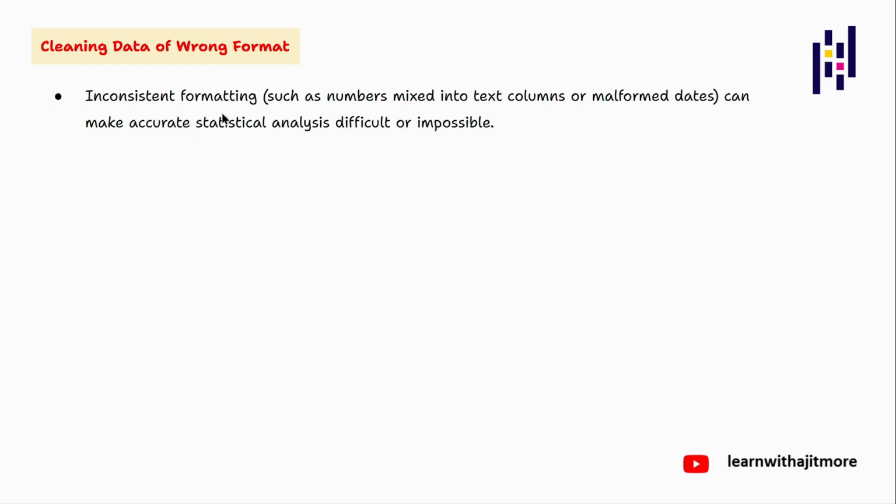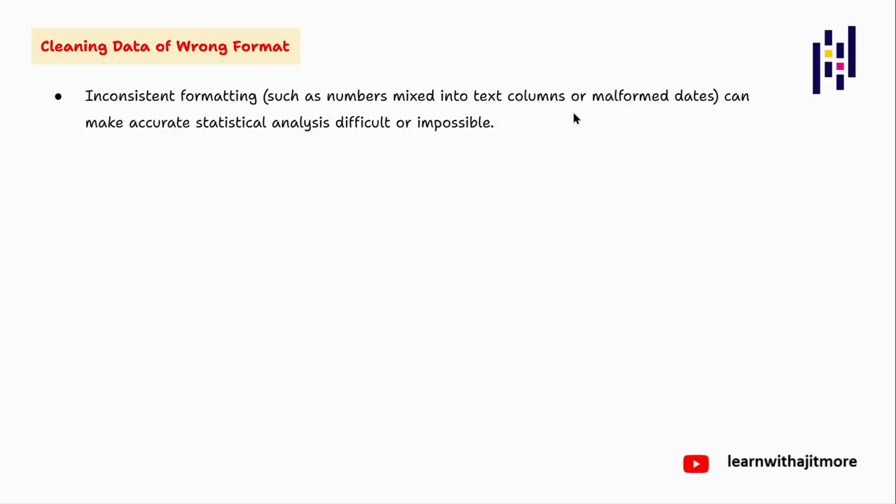See here, inconsistent formatting, such as numbers mixed into a text column. You have a text column like name. Suppose you are keeping information about all the employees: employee ID, employee name, their salary, their phone number, whatever, in that data set, meaning in that data frame. So now the column is name, and we know that everything should be text. But someone has entered numbers.